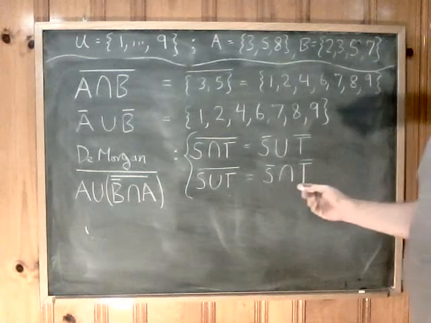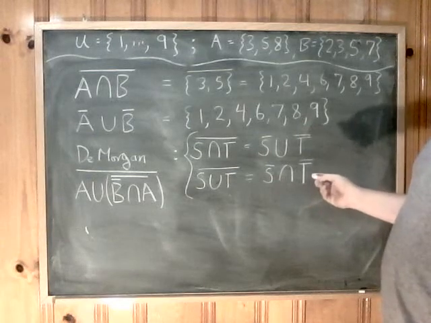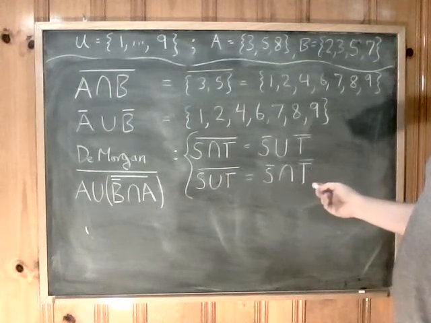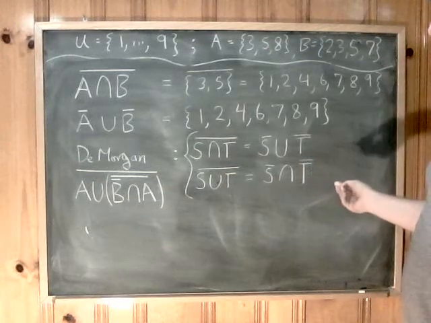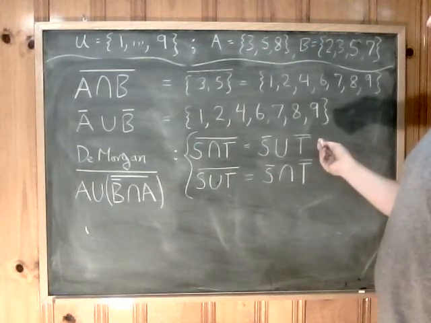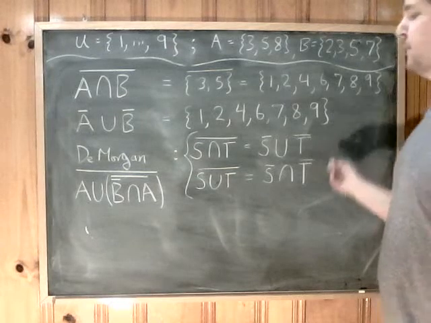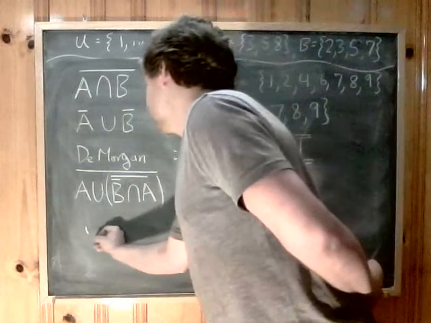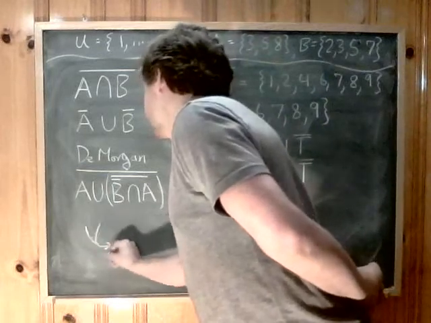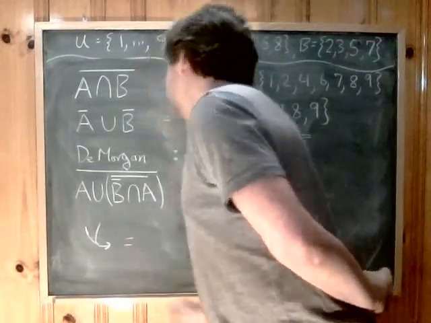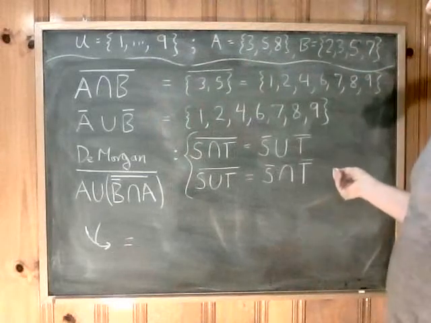Finally, we have a big problem. A union B complement intersect A, all complemented, and then the entire thing is complemented. So one way to do this, I'll put it down here, is to work it up piece by piece.